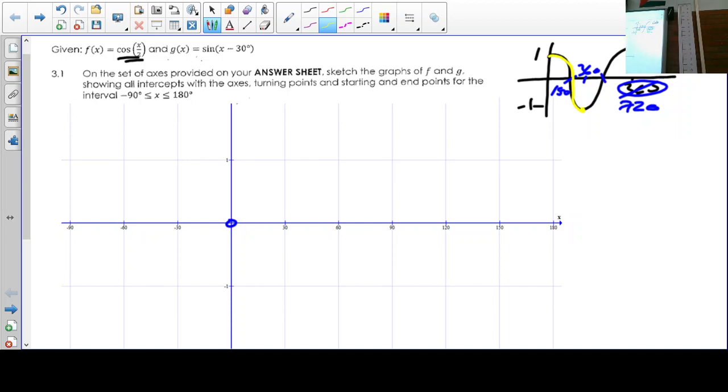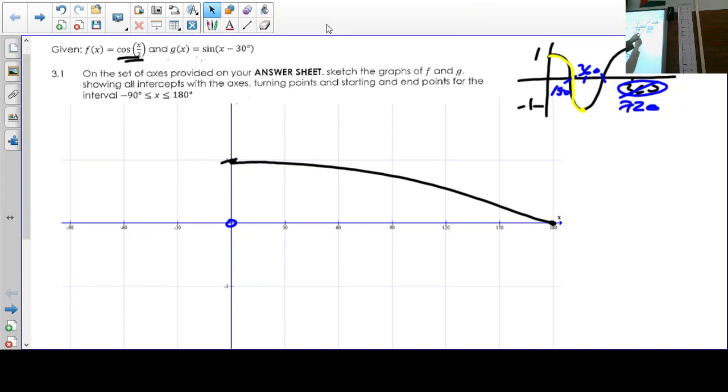Not so, from 0 to 360. So if I take that into account, you're going to start at 1. We're going to go down to, it's normally 90, but now it goes down to 180. Not so. So you go from 0 to 180. So I've actually highlighted it wrong here. I had to highlight from 0 to 180.